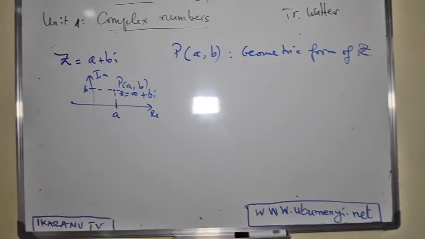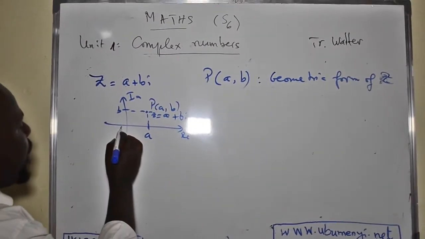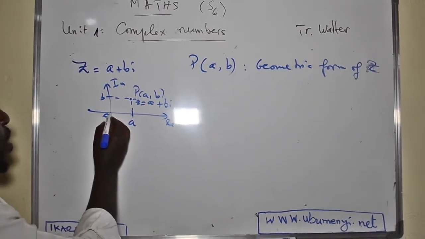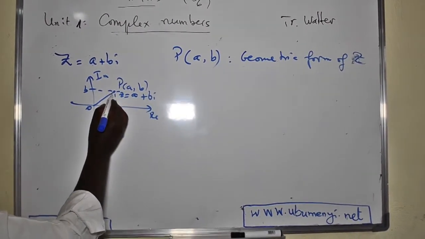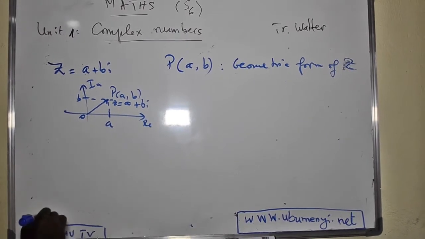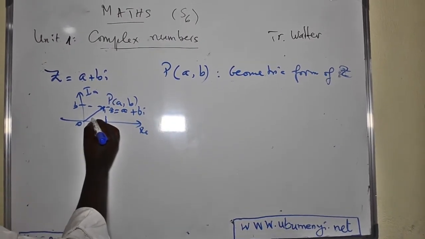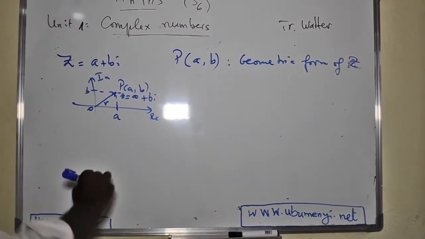I have also reminded you last time that we have here the origin, and then from the origin to the point P, we have seen that there is this distance. This distance, we called it the modulus of z.